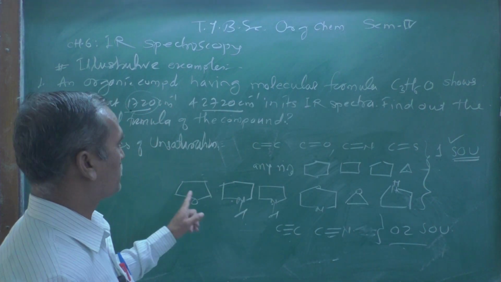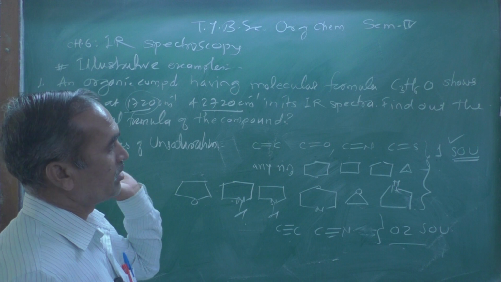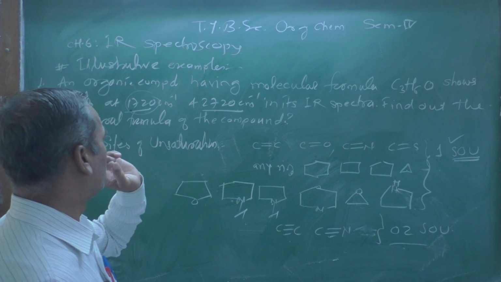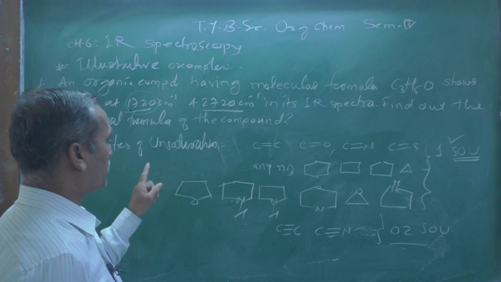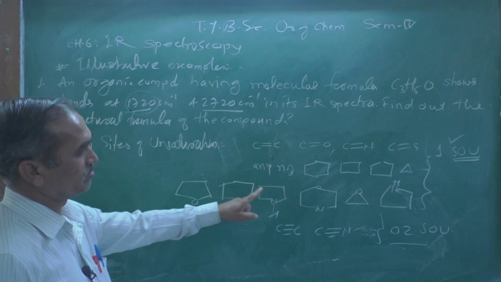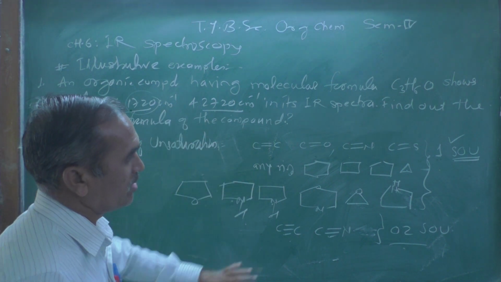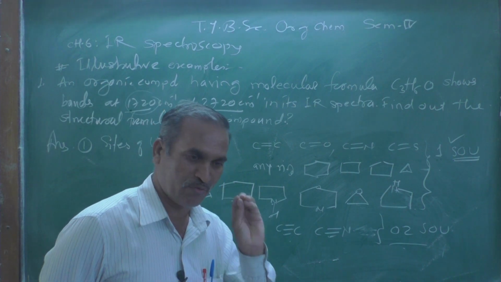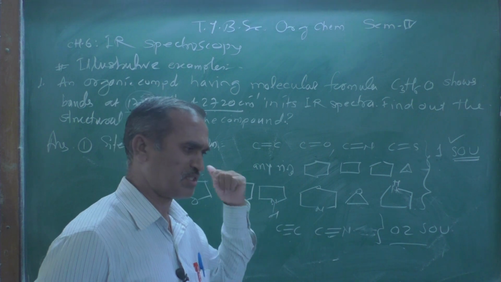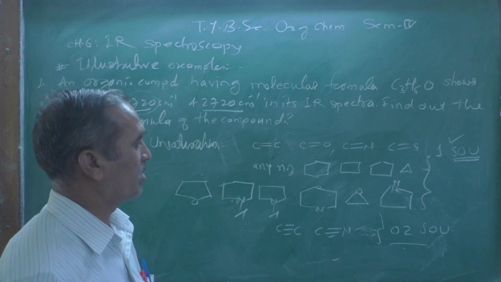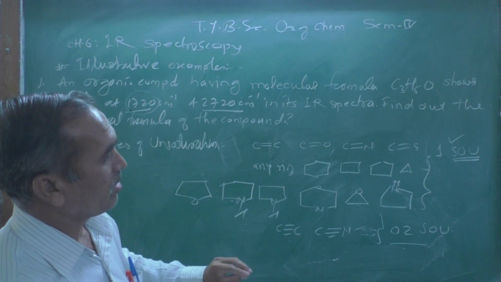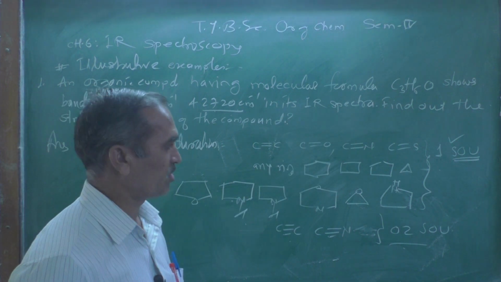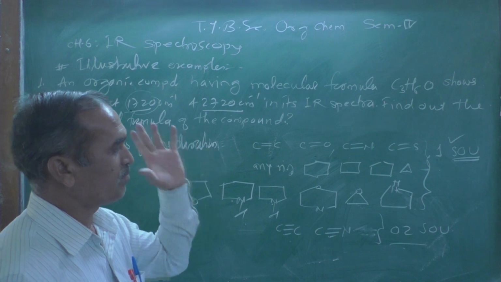But in this case, if a ring is involved, that is also termed a site of unsaturation. Look here, only one ring is present. Either a 3-membered, 4-membered, 5-membered, 6-membered or 7-membered ring corresponds to one site of unsaturation. That you have to keep in mind.